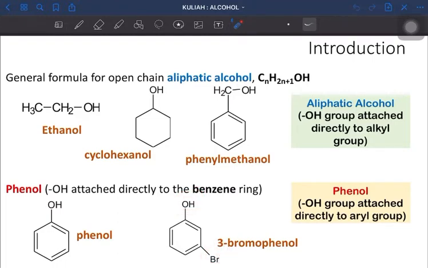Since the priority of OH is much higher compared to the halogen bromine, this will be our parent name for this compound, which is phenol. And then 1, 2, 3, this is 3-bromophenol, or we can name this as ortho, meta, para, so meta-bromophenol.